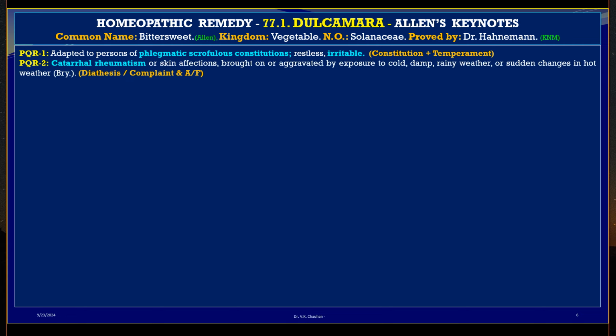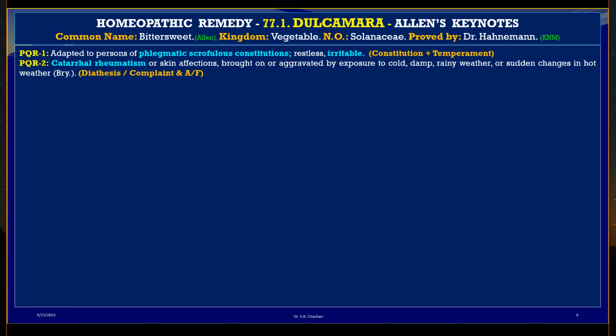Now we go to PQR2: catarrhal rheumatism or skin affections brought on or aggravated from exposure to cold, damp, rainy weather or sudden changes in hot weather.